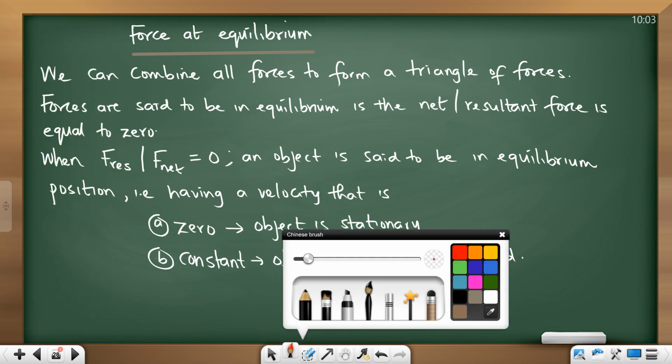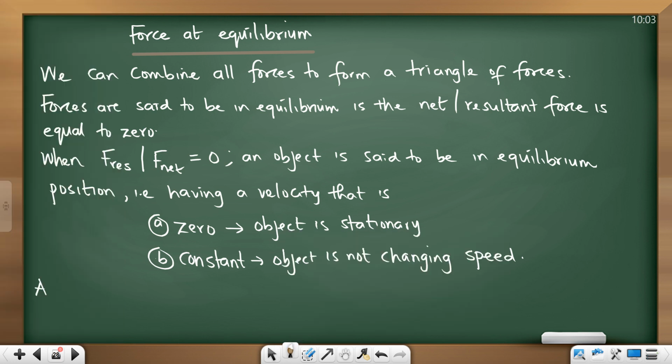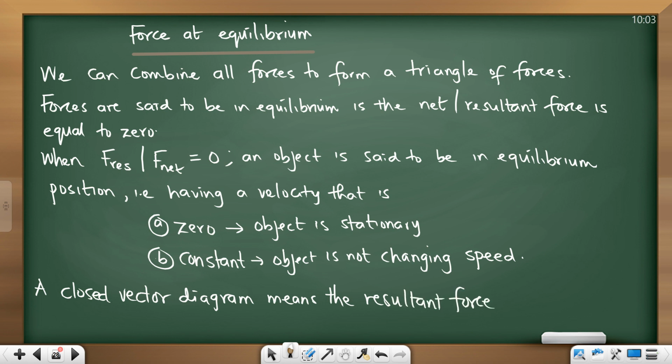A closed vector diagram means the resultant force is equal to 0.